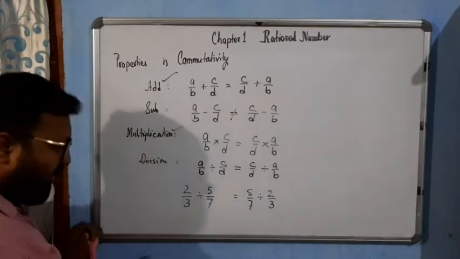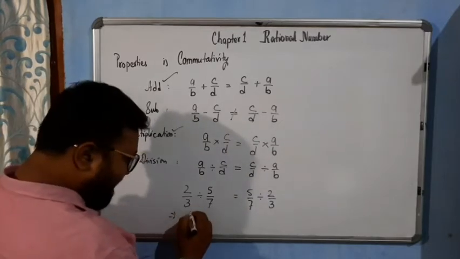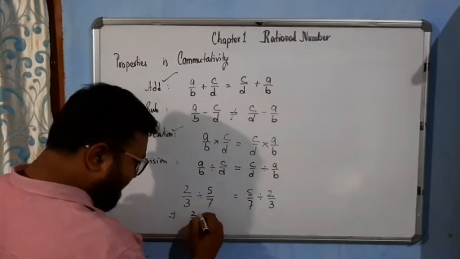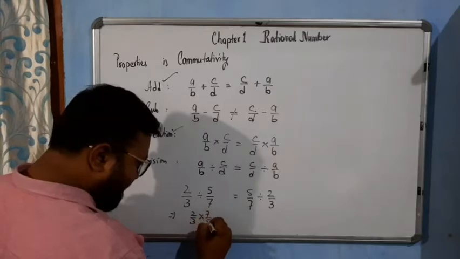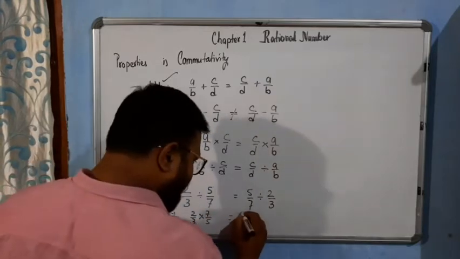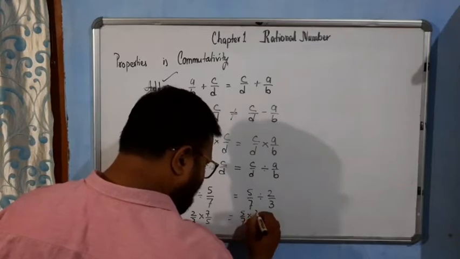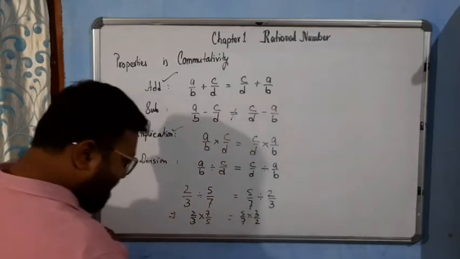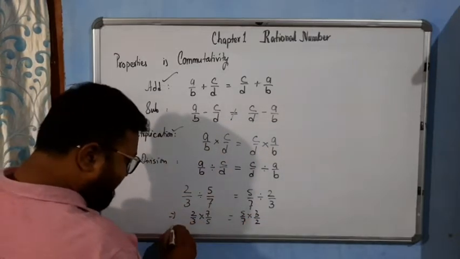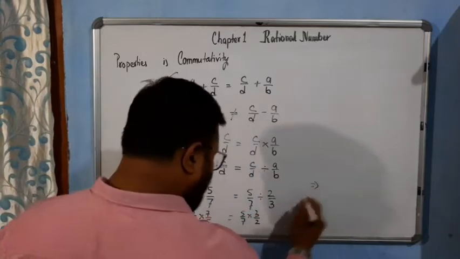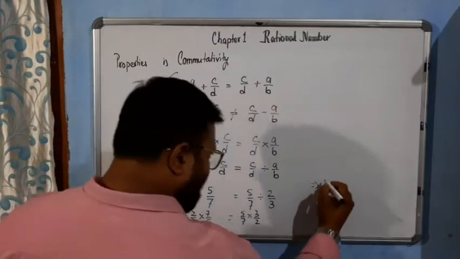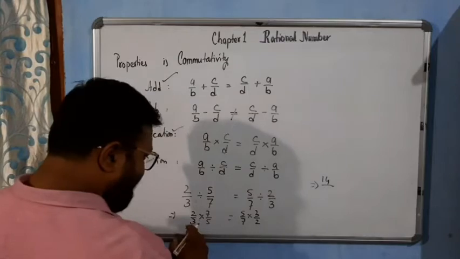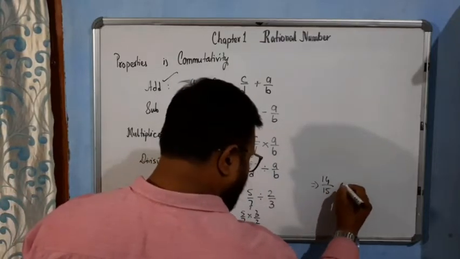Let's see. In this case, we will get 2/3 × 7/5. Here we are getting 5/7 × 3/2. So how much are we getting? Let me write here: 7 twos are 14 and 5 threes are 15.